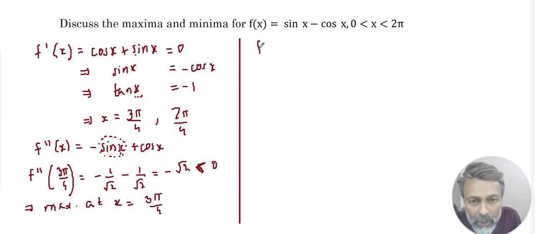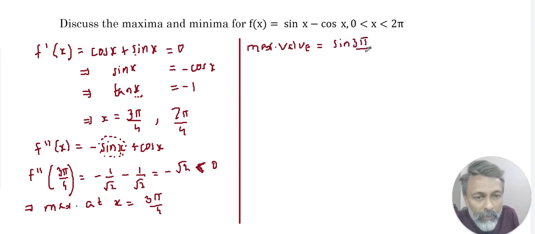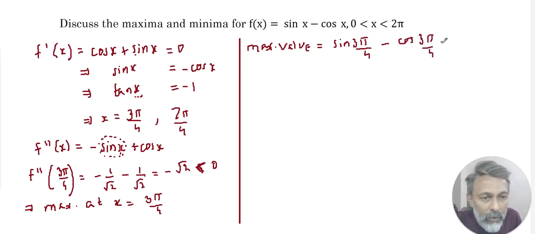So the maximum value is equal to, substituting in the question, sin 3 pi by 4 minus cos 3 pi by 4 is equal to 1 by root 2, as we have seen before, and this is minus 1 by root 2 with a minus in between, which is plus 1 by root 2, equal to root 2.